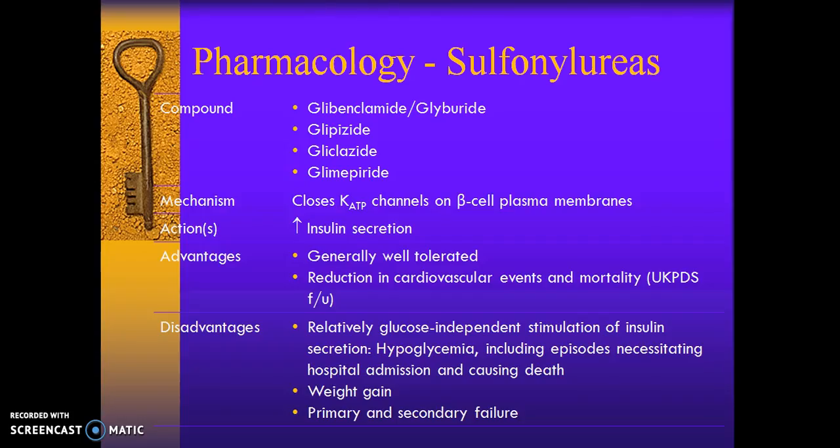This is the main pharmacological action, and the main motto of this class of drug is to increase the insulin release from the beta cells, and this insulin decreases the increased plasma glucose level, the increased blood glucose level.